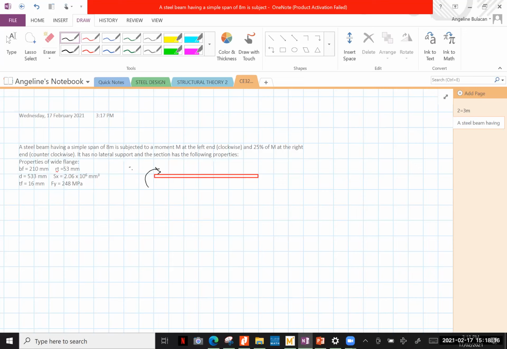This is 0.25 M. Sorry, 25 M. Sa kabila naman, counterclockwise. So, ito M. Ay, mali. M pala sa left. So, M sa left and 0.25 M sa right. This is M. And then this is 0.25 M.